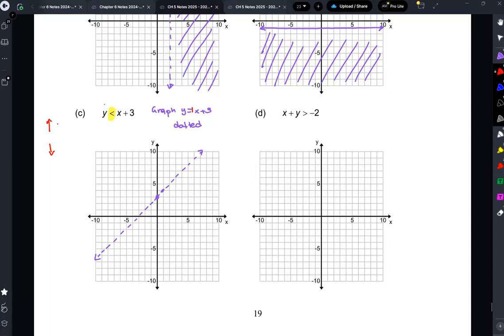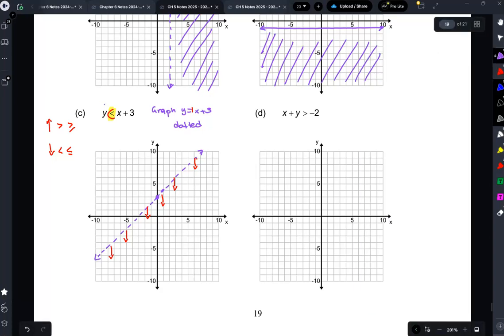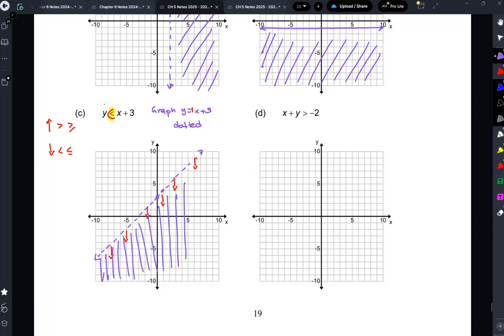Well, if it's greater than or equal to, we draw a vertical arrow upwards. If it's less than or equal to, we draw the arrow downwards. This one here is less than or equal to. So from the line, I draw vertical arrows downward. You have to make sure they're vertical. They can't be tilted in any way, completely up or completely down. So here we go. Now we know exactly what region we're going to shade. So we're going to shade this region.